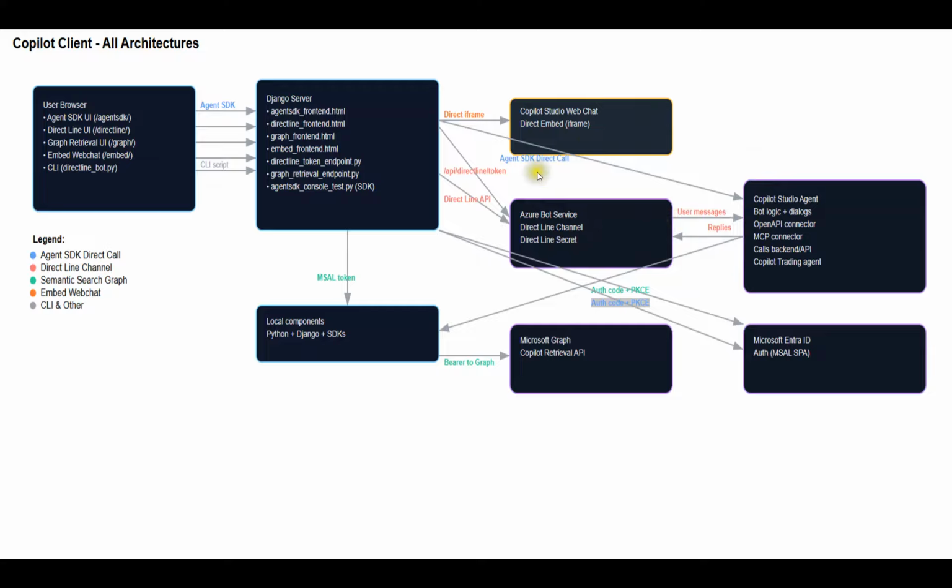Similarly, we just send or redirect the messages that we get from the user in the front end to the Copilot agent, and then the bot service is polling every 1200 milliseconds the Copilot Studio agent's API.